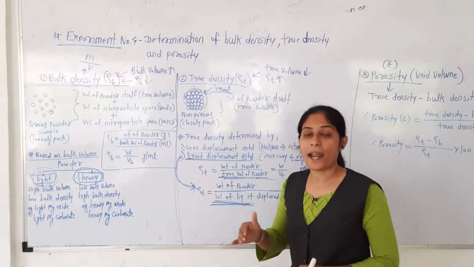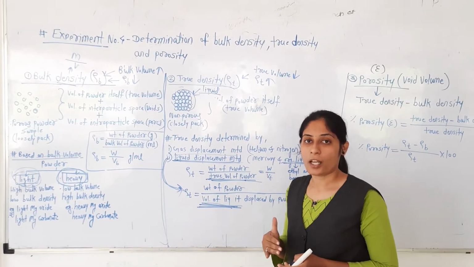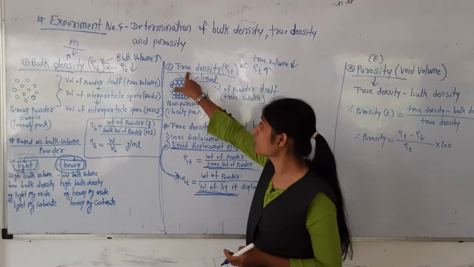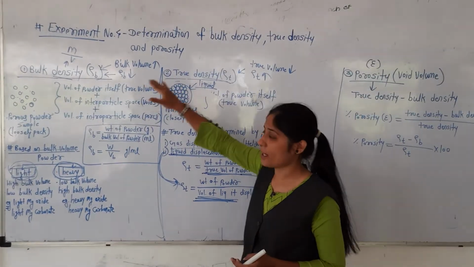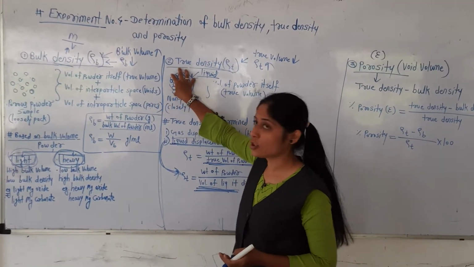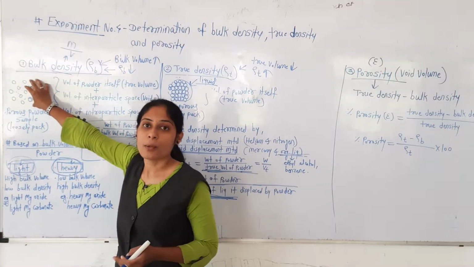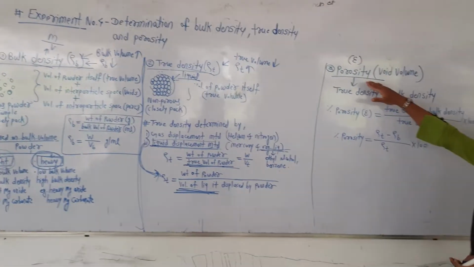At the end of this practical we determine the void volume or pore volume, and for that we subtract the bulk density from the true density. In that way we subtract the bulk volume of the powder sample from the actual volume of the powder sample. Then we can easily find out the porosity.